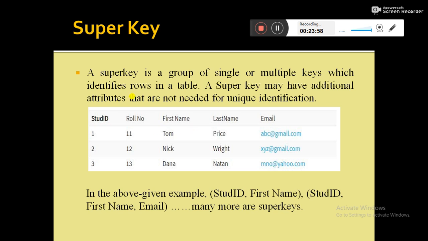For example, if you consider that relation: STUDID, student ID, roll number, first name, last name, and email. Suppose student ID is unique. Generally, student ID is unique, and roll number may be unique within a department, but not across departments.